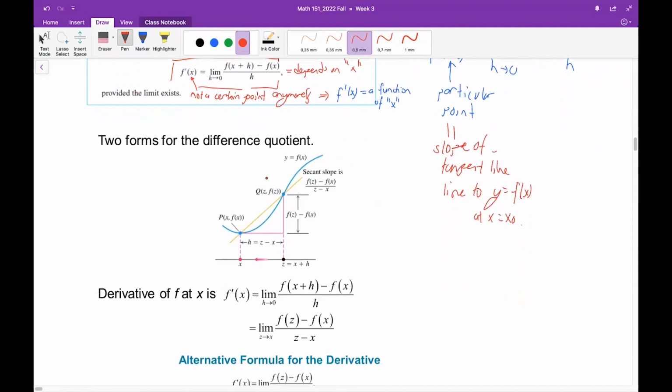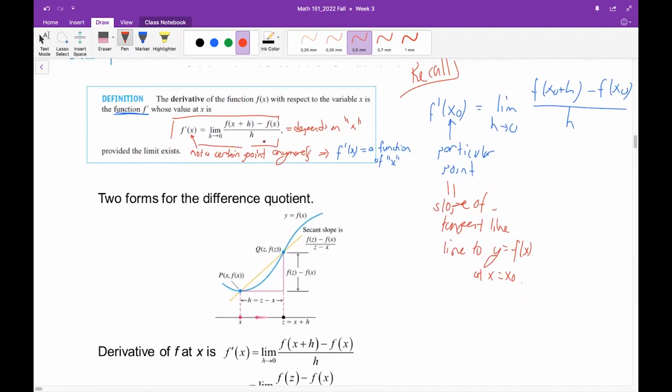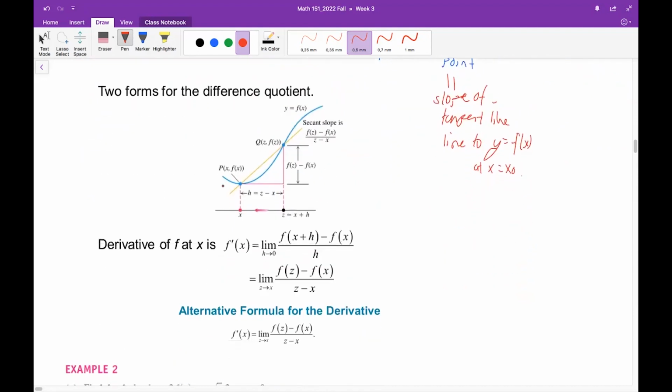Now, there is also an alternative way to define this limit expression for the first derivative. Okay, I think you remember this picture. There is this second line here, and this ratio is in fact coming from the slope of the second line.